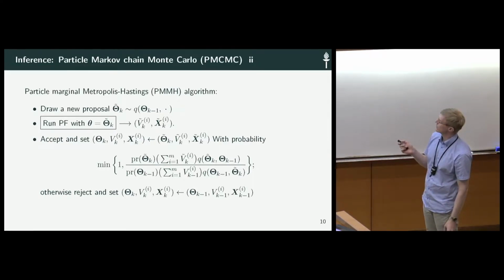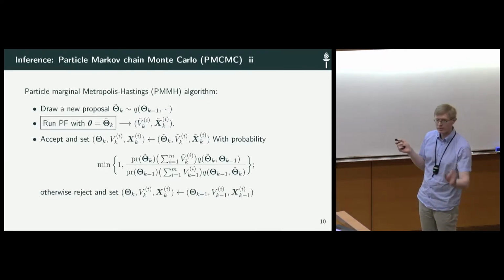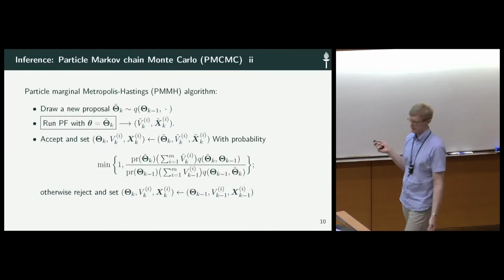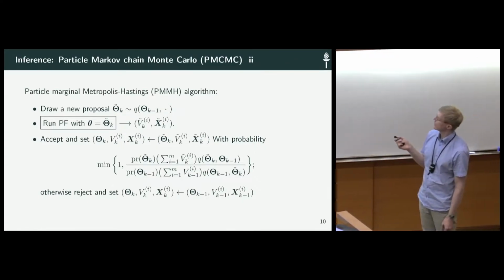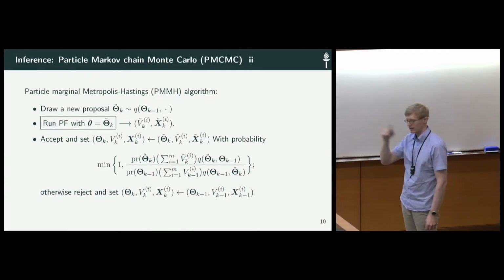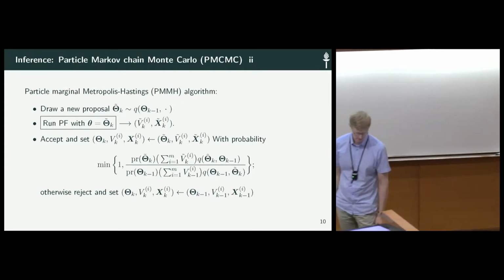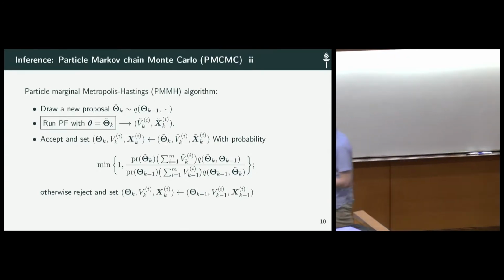In a single iteration of PMMH, you draw a proposal of new hyperparameters from some proposal distribution that you care about. For instance, you can do random walk updates. Next, you run a particle filter with a certain number of particles, which I call little m, to get these variables, which are weights and trajectories or latent variable paths. And then you do an accept-reject step in a specific way.